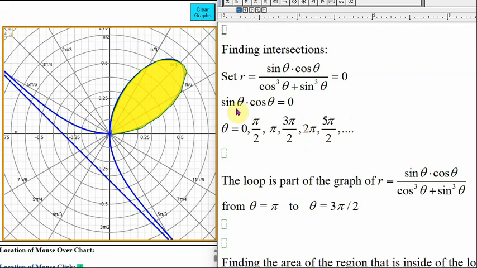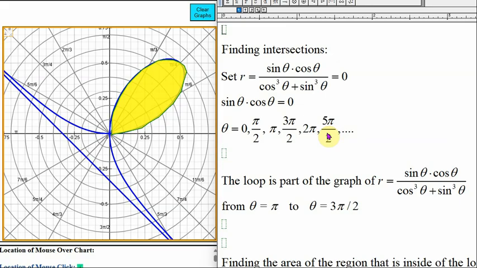We know that sine of 0, pi, 2 pi, 3 pi, 4 pi, and so on is 0, and cosine of pi over 2, 3 pi over 2, 5 pi over 2, and so on is also 0. So theta can be any of these values.